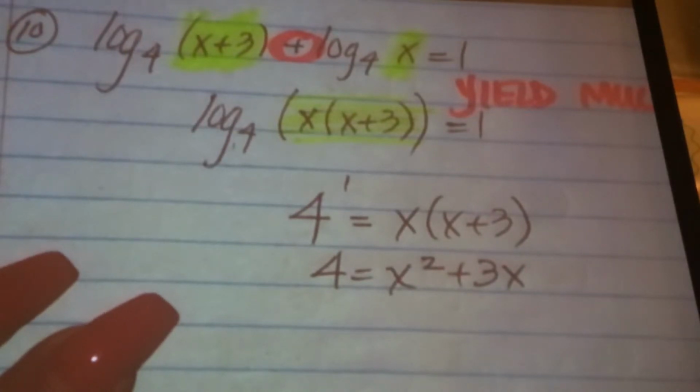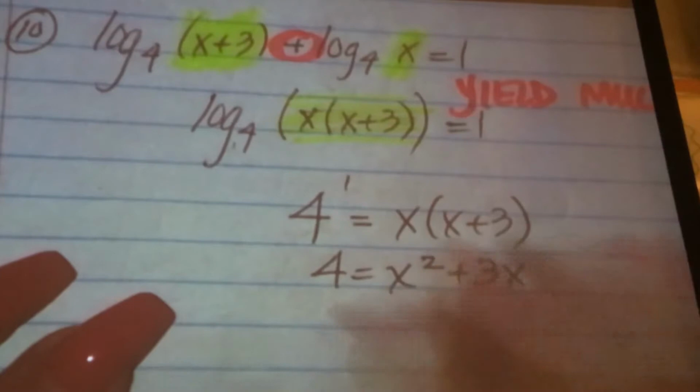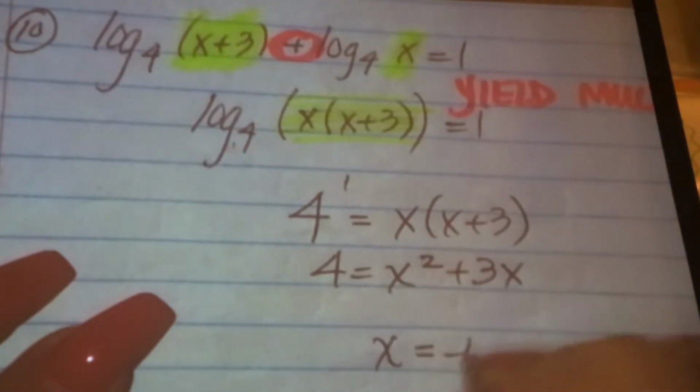Check your answers with your neighbor, please. All right, after you factor and solve, you should have gotten x equals -4 and 1.